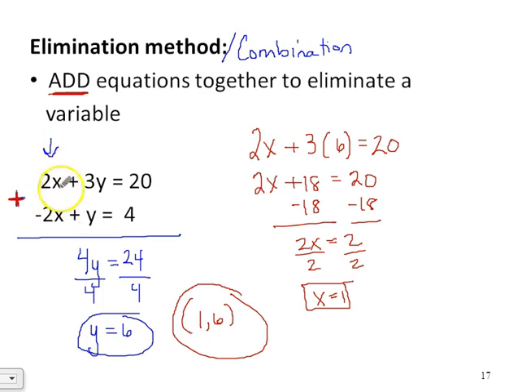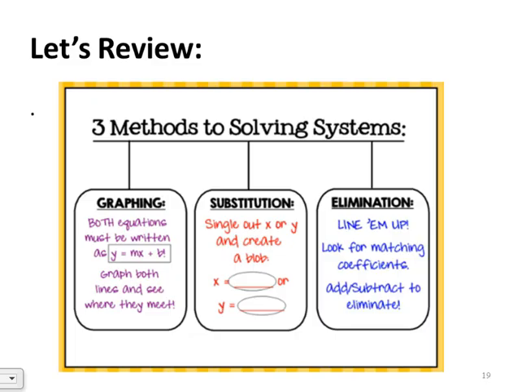And to use this method, we need to make sure that we line up our two equations so that our x terms are lined up, our y terms are lined up, and our constant terms are lined up. You'll see more of that this week. So we learned about 3 methods to solve equations. Last week was graphing, this week was substitution and elimination.